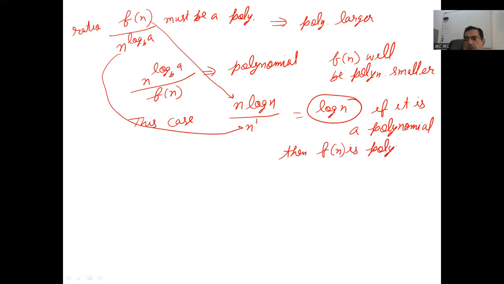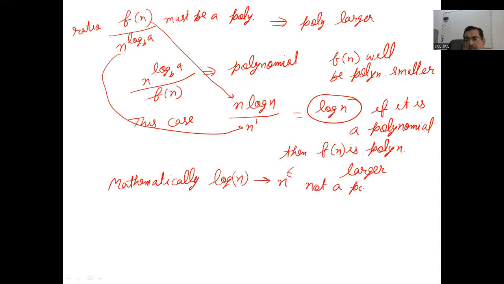So if I am not able to get that, it will not be. Mathematically, you all probably know, and if you don't know, maybe you can revise your mathematics: log n cannot be represented as some n^epsilon, it is not a polynomial. Not a polynomial will mean case 3 is not applicable.